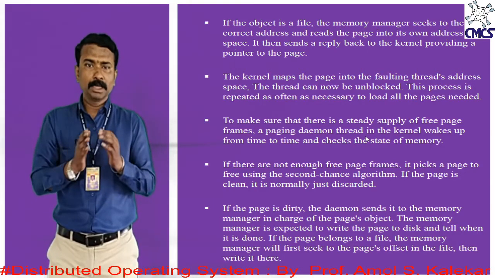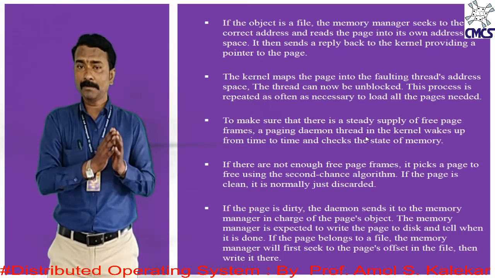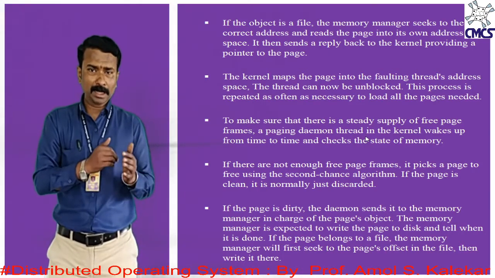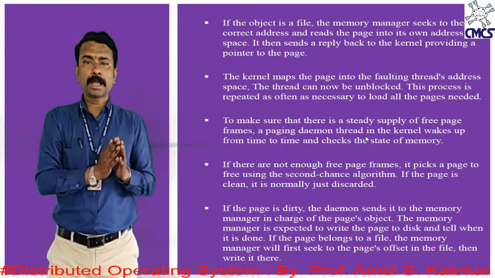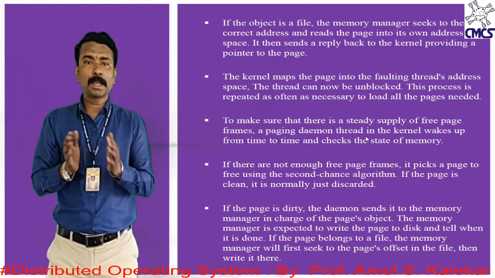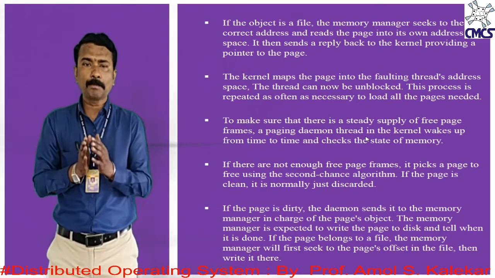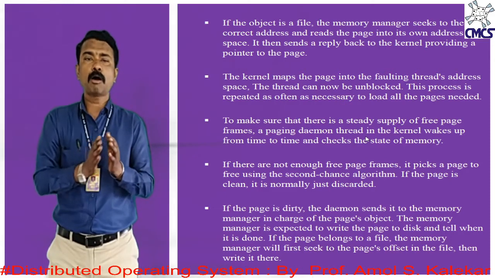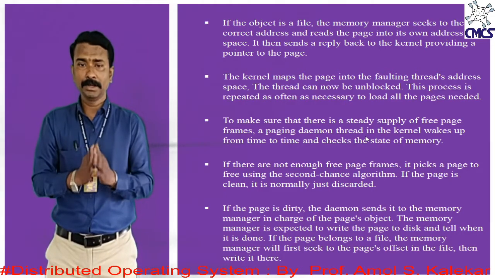Then, it sends a reply back to the kernel providing a pointer to that particular page. The kernel will then map the page into the faulting thread's address space. The thread can now be unblocked and this process is repeated as often as necessary to load all the pages as they are needed.